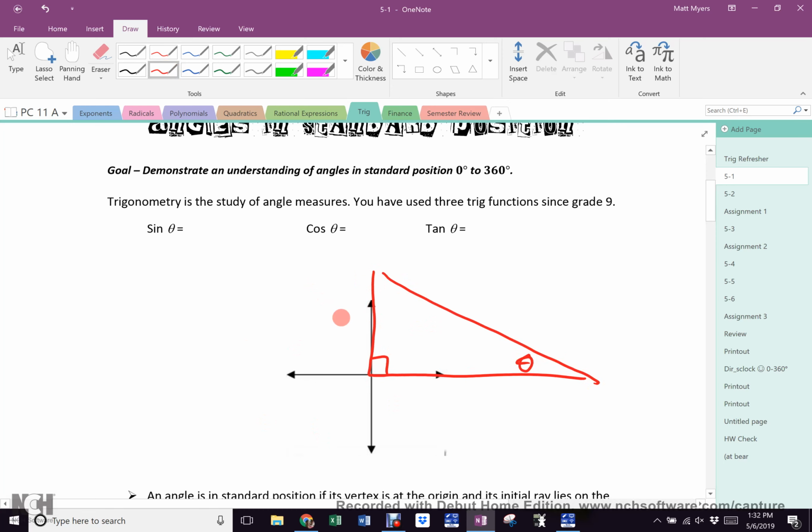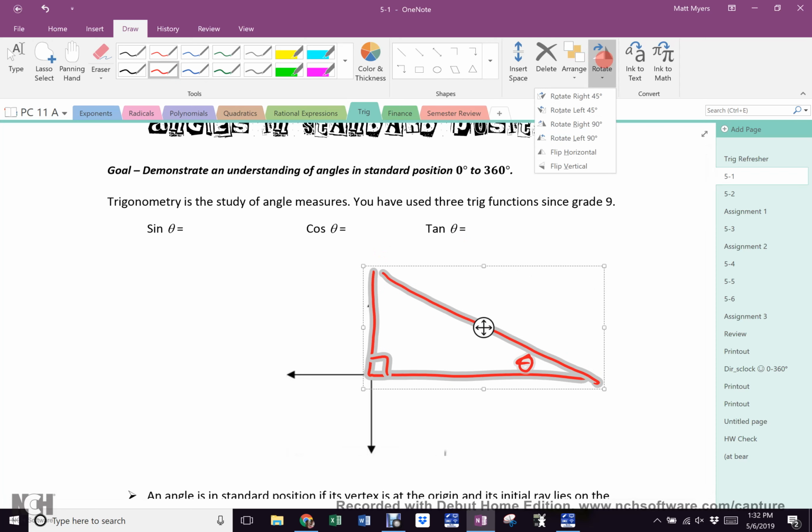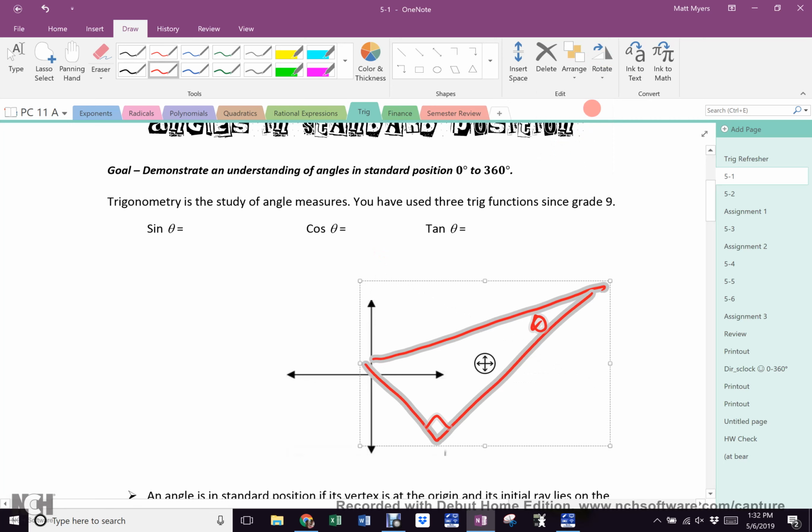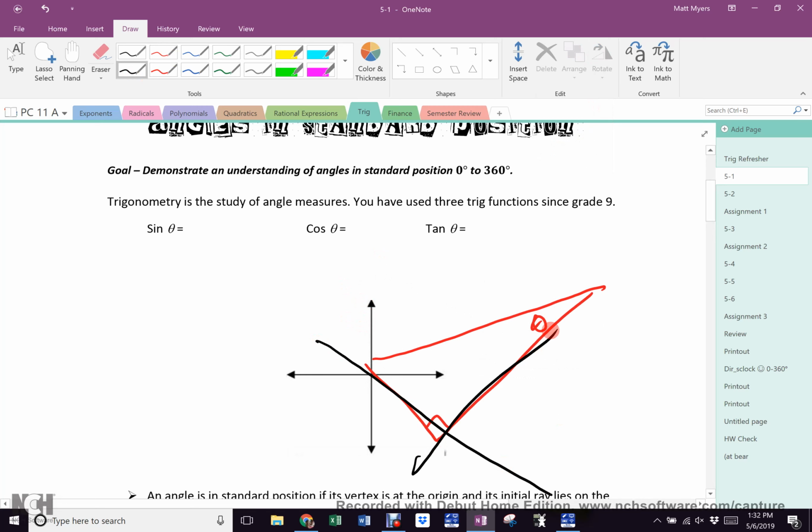You had a value here, a value there, and you did trig. Now some of you will say, but Mr. Myers, sometimes it was rotated, like that. Right? But that would be the same as rotating this thing this way. Does everybody understand?